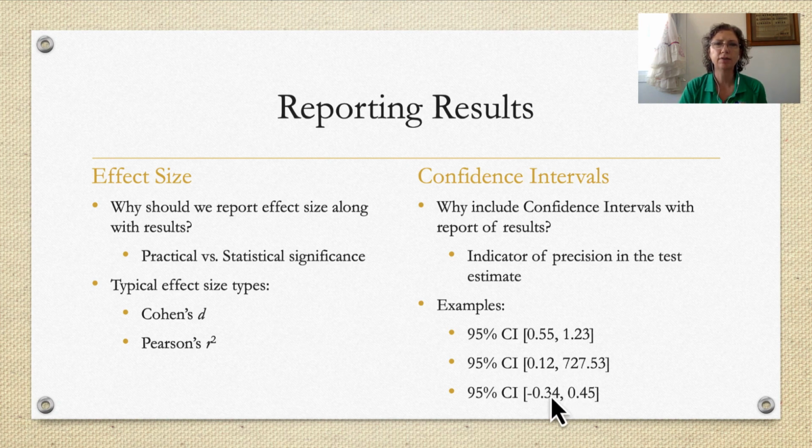Anytime you see a confidence interval that is on both sides, like I have a negative number and a positive number, and 0 would have occurred between the lower and upper bound there, then I know that that test estimate is not significant because it could have been 0, and 0 means the null was the correct decision to stay with there. So just some tips on reading confidence intervals.